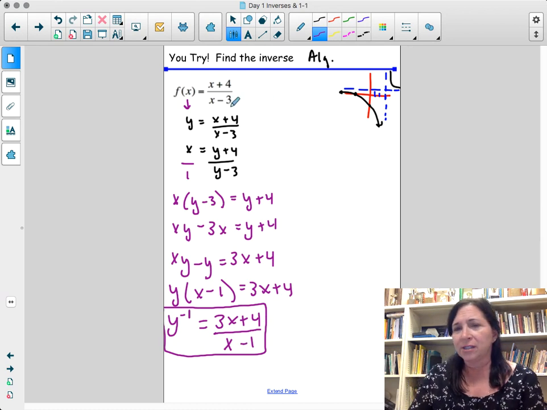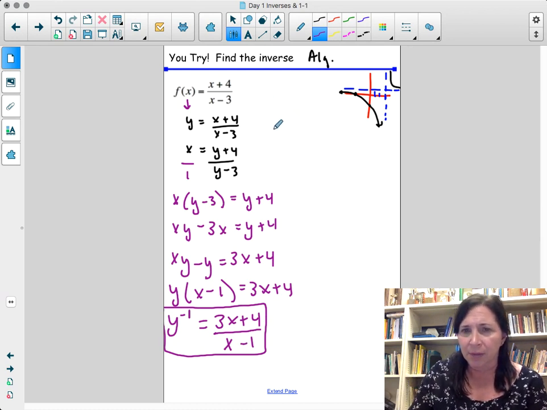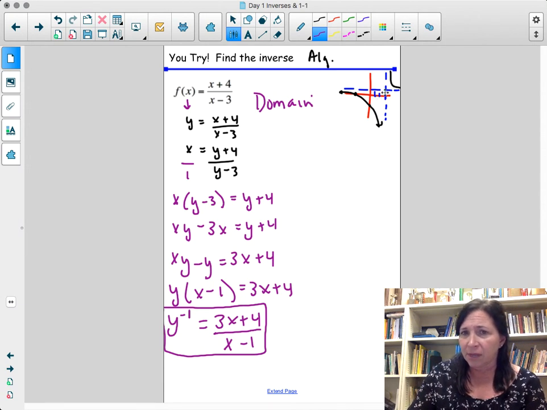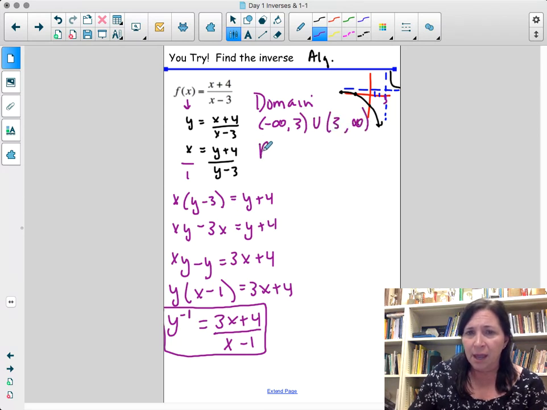Find the inverse. Now, I just want to actually go over the domain and range with you again one more time. The domain for my original equation, if I look at my graph, is going to be from negative infinity to 3, union 3 to infinity. And my range is going to be low to high. So it's going to be negative infinity to, where's my horizontal asymptote at 1? There it is right there.